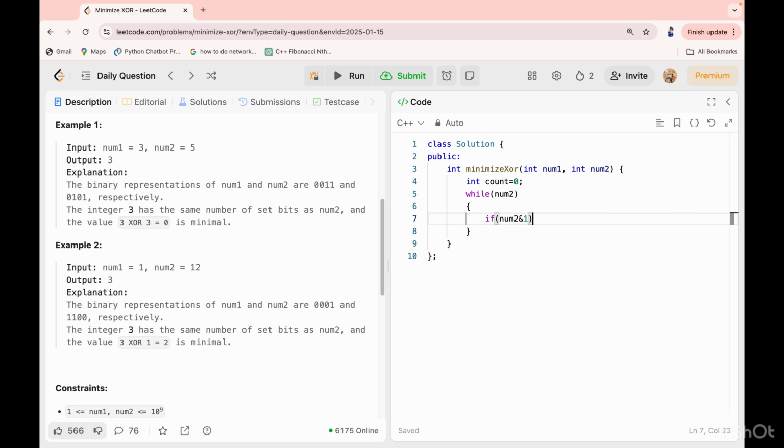If the number is odd, it means the last bit is 1. So we have found that the last bit is 1, so we will increase count. Else we have to do nothing, because for the unset bits we have to find nothing. And how will we increment the loop? It is num2 right shift, num2 equals num2 right shift 1.